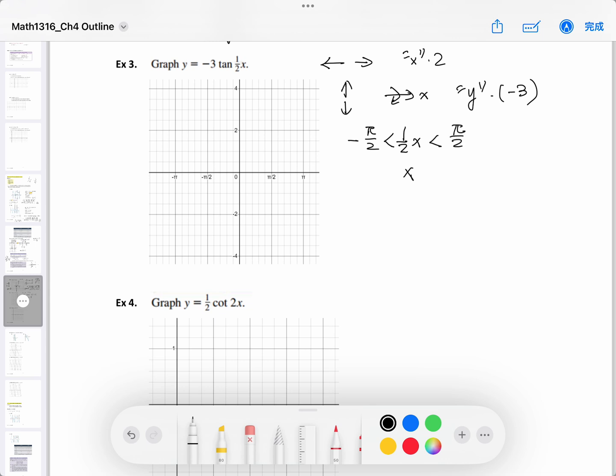Solve for x. Multiply by 2, everybody. -pi and pi. Okay, vertical asymptotes: -pi, positive pi. So we can cut it into 4 equal parts. They are -1/2 pi, 0, and 1/2 pi.